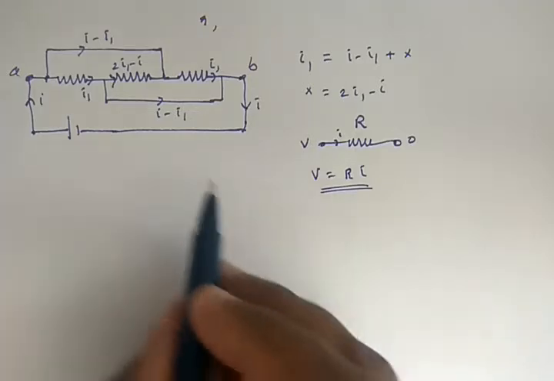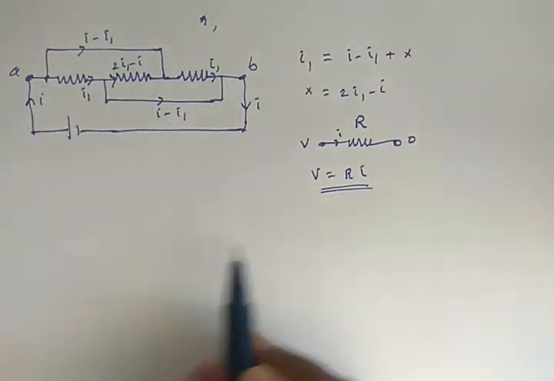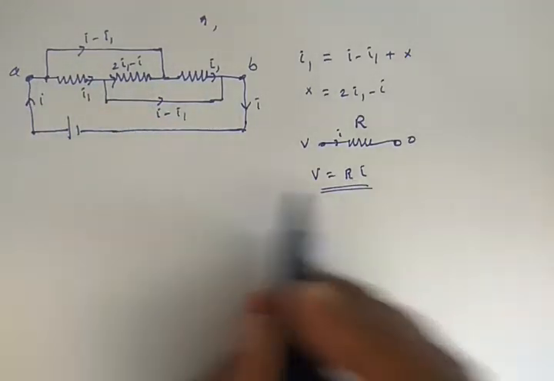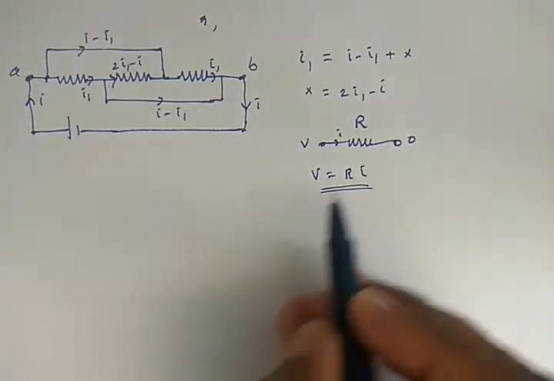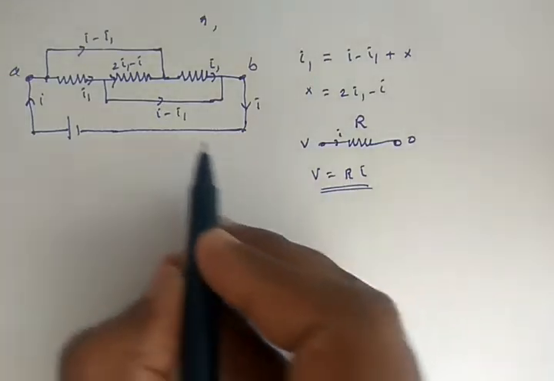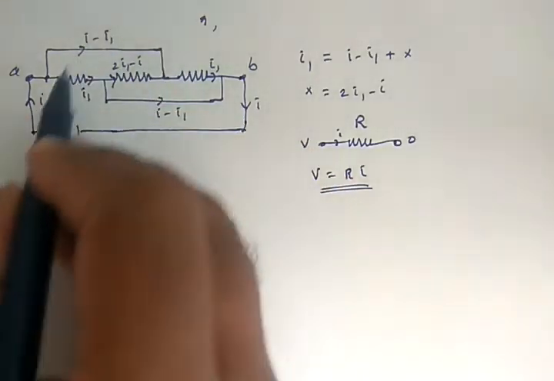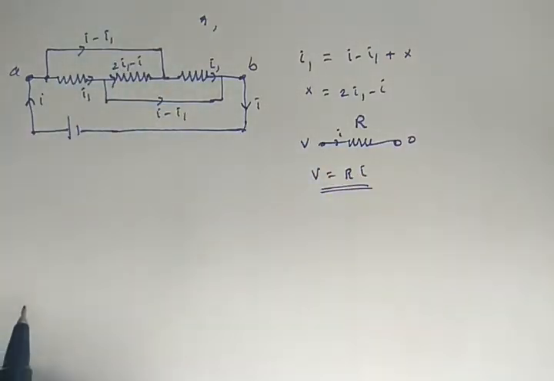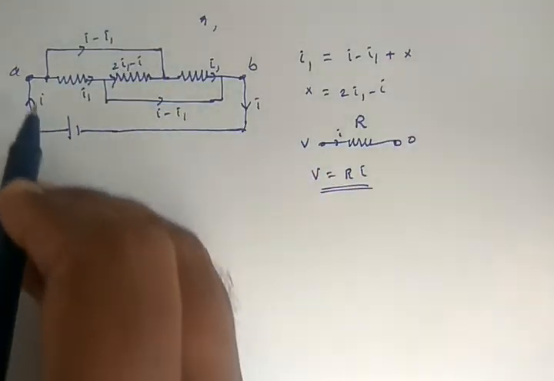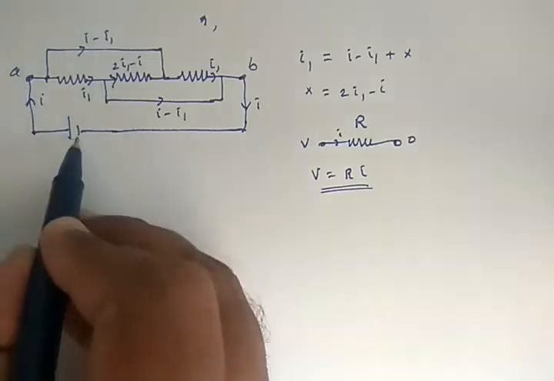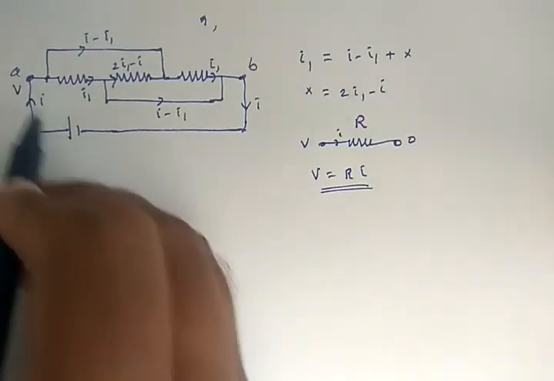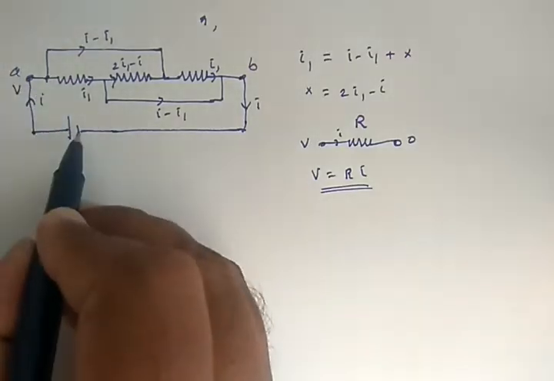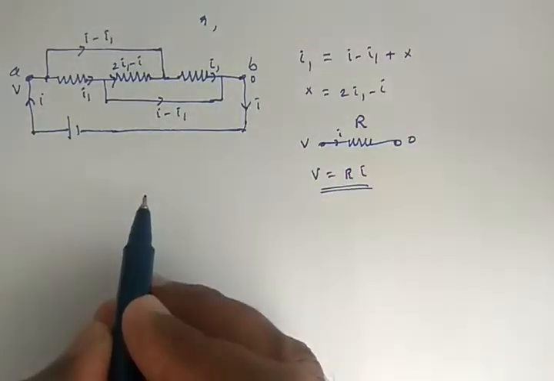Now let us write down for this circuit also voltage equals something times that I, then that something can be your resistance of this circuit. So now the voltage here, let us say here is V because it's connected to the positive terminal, and here I am taking it as 0.